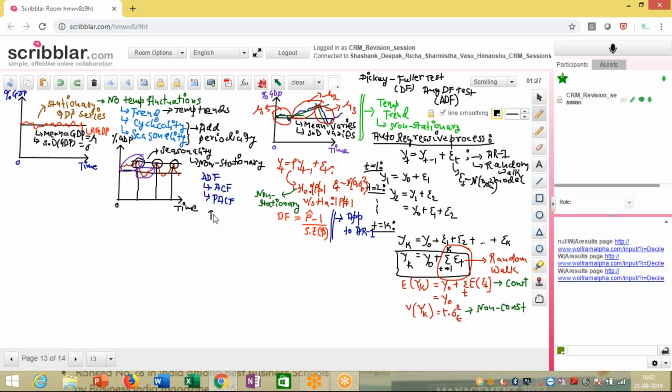ACF stands for the autocorrelation function, and PACF for the partial autocorrelation function.